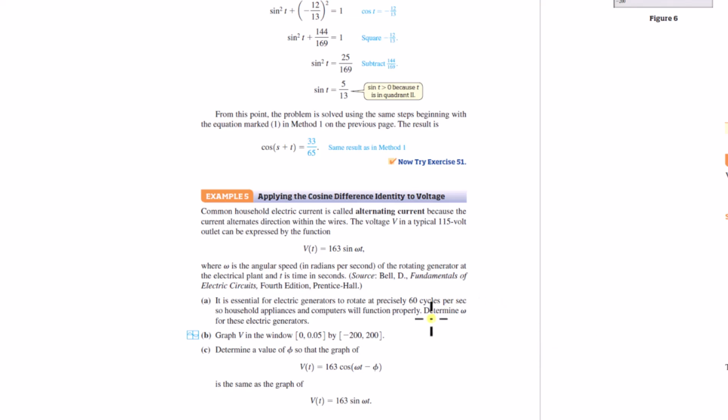Well, they give us the frequency here, 60 cycles per second. You get the frequency by one cycle divided by the period. The time it takes to go through one cycle, you do 1 divided by that period, and that gives you the frequency, 60 cycles per second.